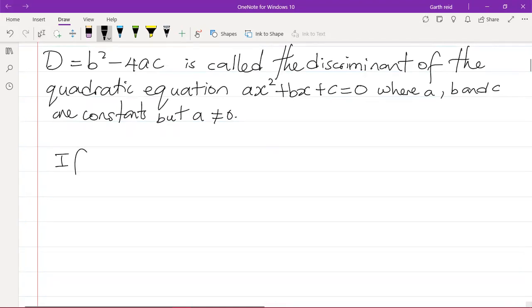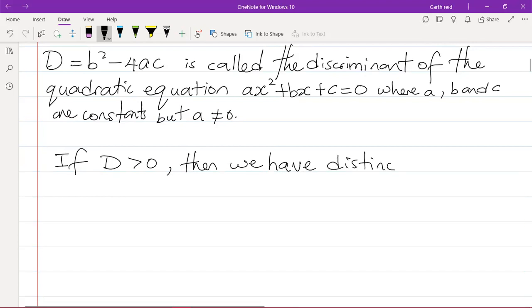If D is greater than 0, then we have distinct roots, meaning that the roots are different, or we have different solutions to the quadratic equation. So that's one.